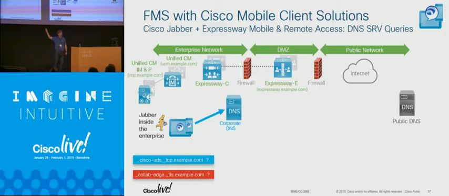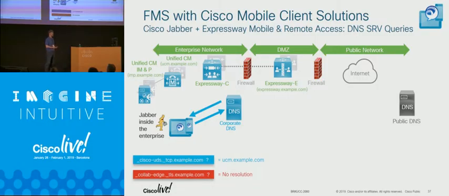That record should map to a Communication Manager within the enterprise. It will also do a search for _collab-edge, which is looking for the TLS protocol that's available from Expressway. So when we're inside the enterprise, when I do that DNS query from the Jabber perspective, I'm going to get resolution on Cisco UDS.